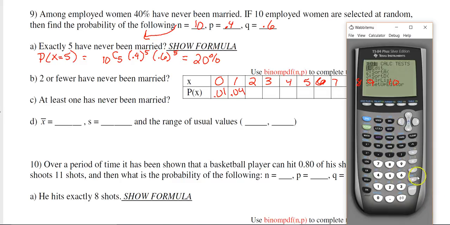Now I'll go to my stat and my edit. Alright, so it's rewritten them.